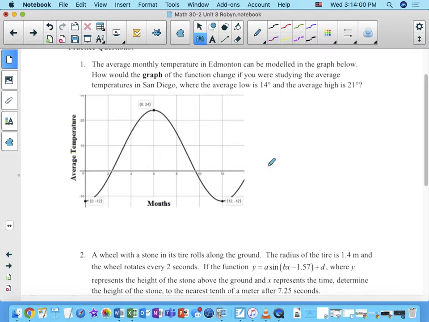Can you describe what would happen to the graph if we changed something? Okay? So the average monthly temperature in Edmonton can be modeled in the graph below. How would the graph of the function change if you were studying the average temperatures in San Diego, where the average low is 14 and the average high is 21 degrees?